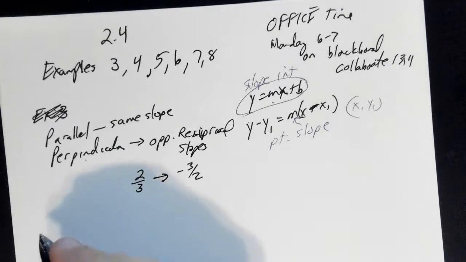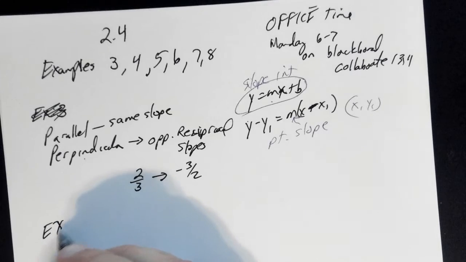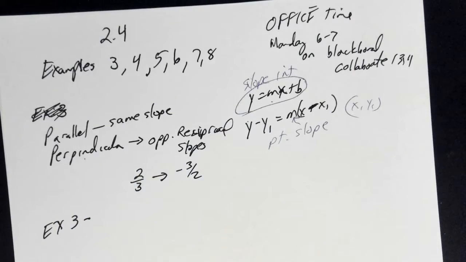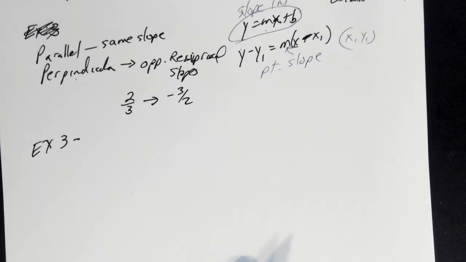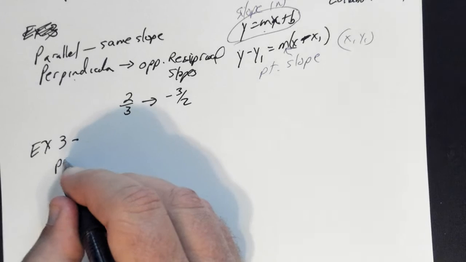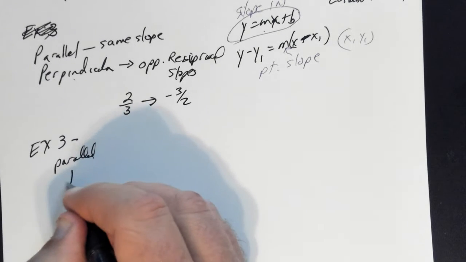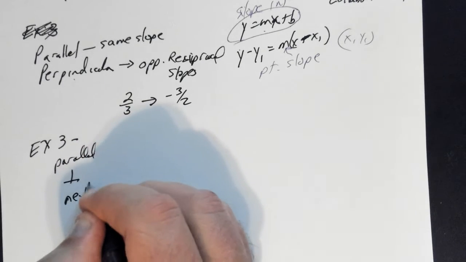So when we look at example 3, and you can look in your book and see where this is at, it asks us to find whether or not the lines are parallel, perpendicular, or neither.